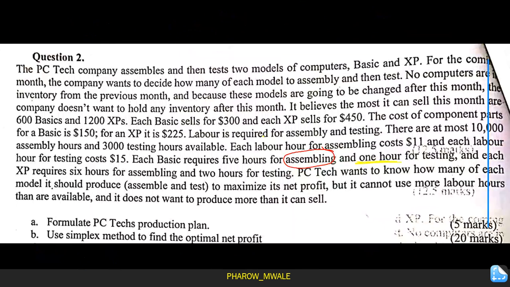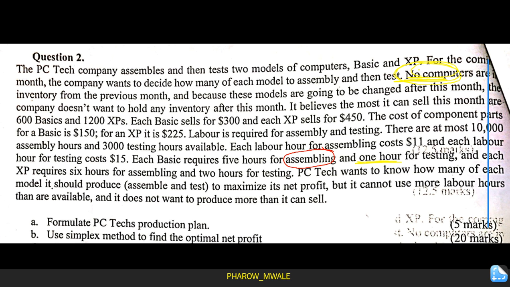Now these are not the only constraints we've been given. These are perhaps the most important constraints in the question, but they are not the only ones. If we read the question again and we find numbers, it says no computers are in inventory from the previous month, and because these models are going to be changed after this month, the company doesn't want to hold any inventory after this month.